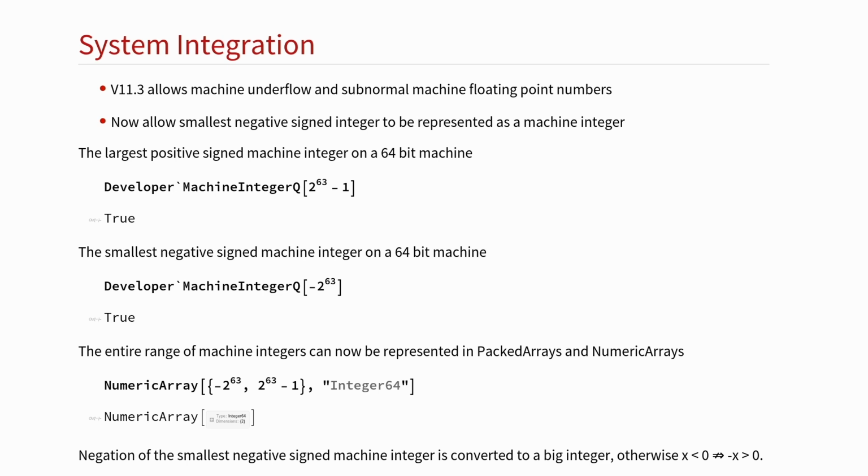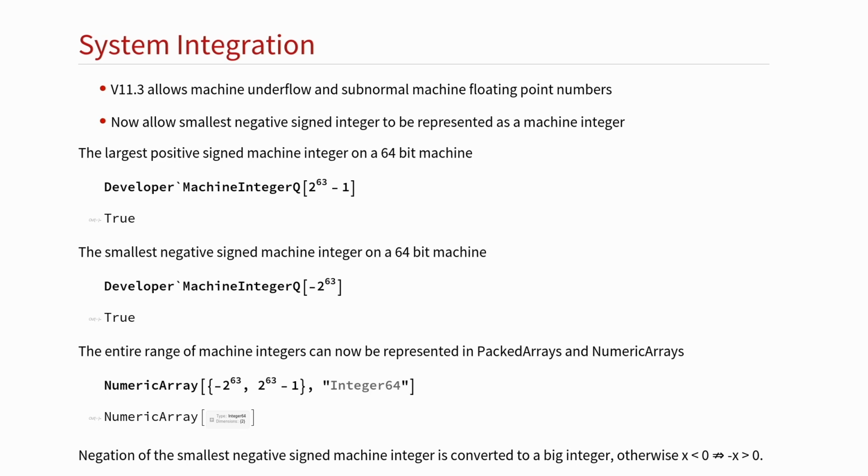One of the things we did in version 11.3 was to change underflow and overflow of machine numbers. Machine underflow is no longer detected and trapped, so that we can use subnormal numbers from the IEEE standard. Now we've made another change where there was one single value in Mathematica, minus 2 to the 63, that was not a machine number, whereas in C it is a machine number.